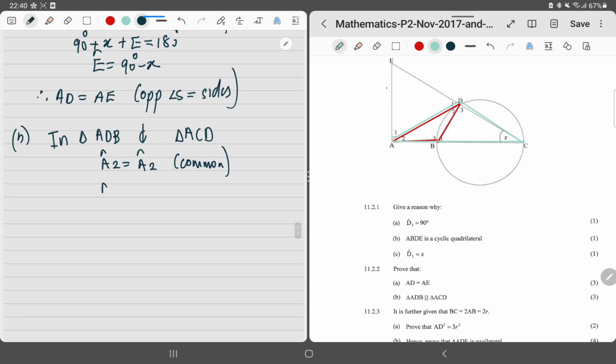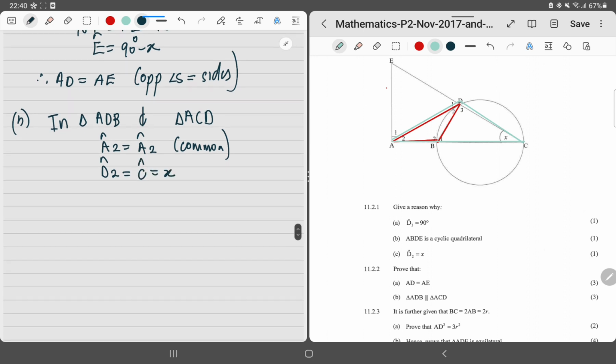And then we've said that D2 is equal to C because they are both equal to X. And then angle ADC should be equal to B2, the third angle of a triangle. This means that triangle ADB is similar to triangle ACD.